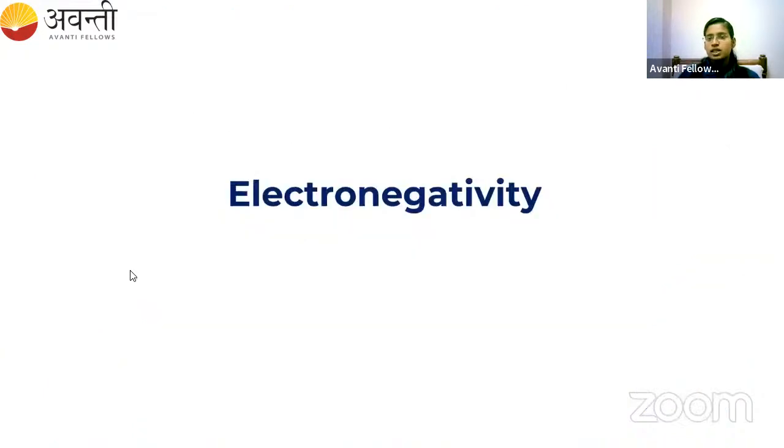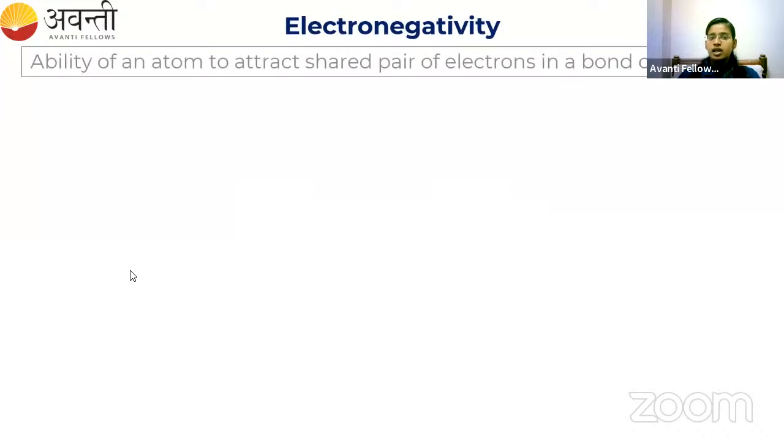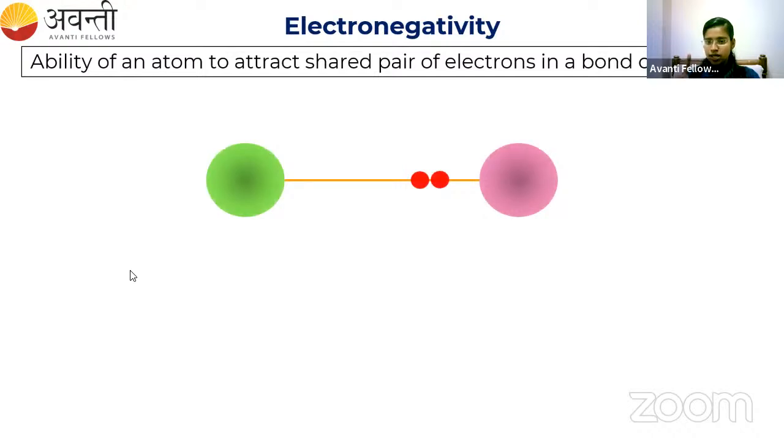Now I'll go to the fourth physical property, which is called electronegativity. What is electronegativity? It is the ability of an atom to attract the shared pair of electrons in a bond of a molecule. So I'm going to have a molecule and there is one bond between two atoms.